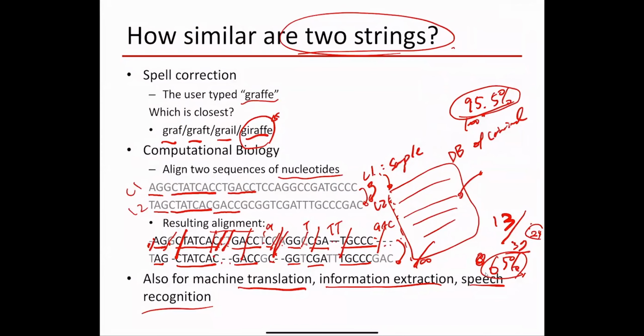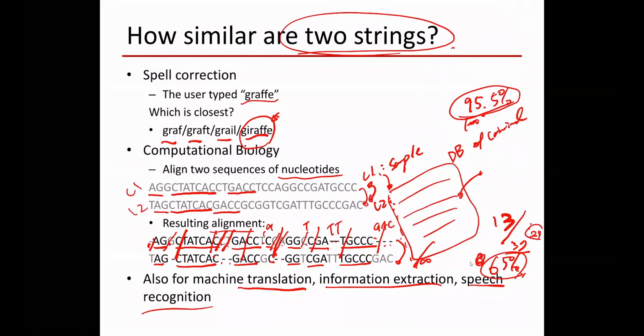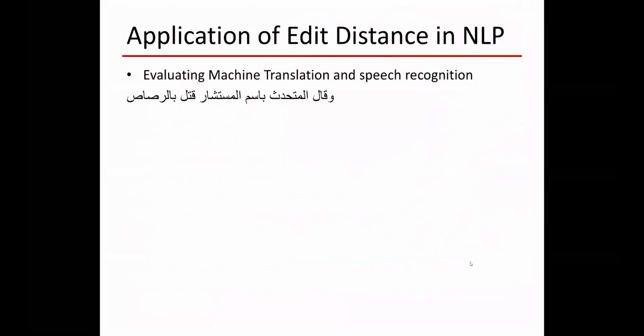So if I translate something, how close is it to what a human would say? Let's solve this problem. So, application of edit distance in natural language processing. Who can read this? Anyone? Nobody? Do you learn it?